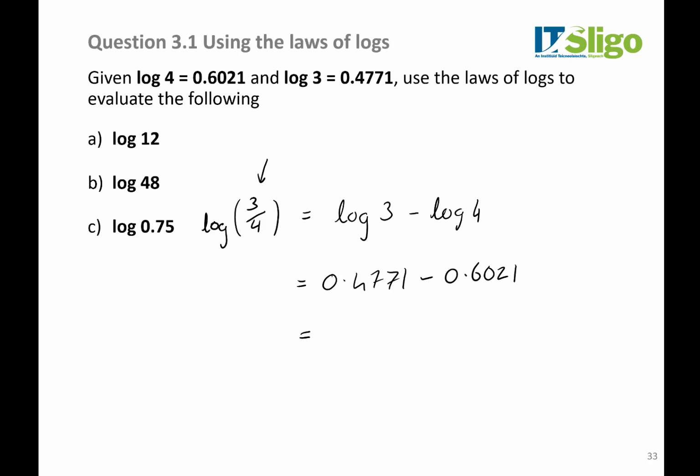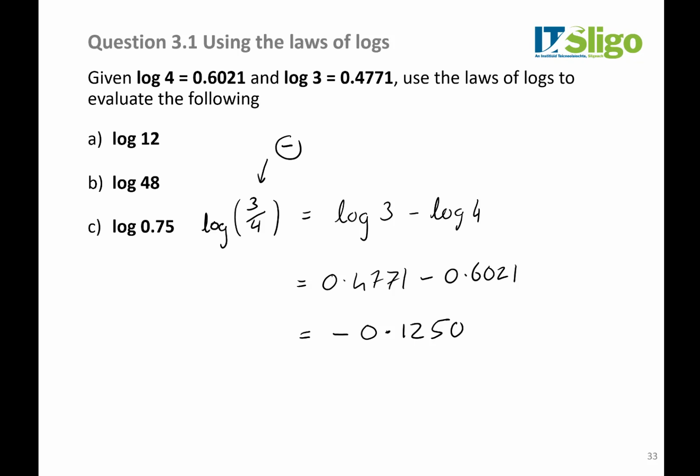The log of any value between 0 and 1 is always going to be negative. And that gives us minus 1/8, which is minus 0.1250 in this case. So there's our answer there.